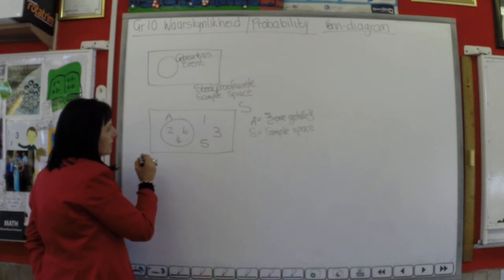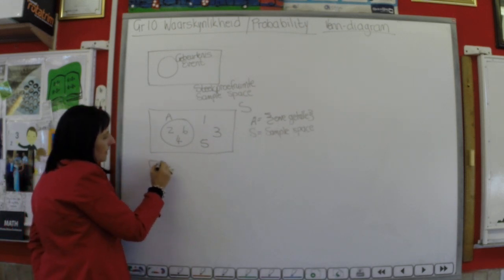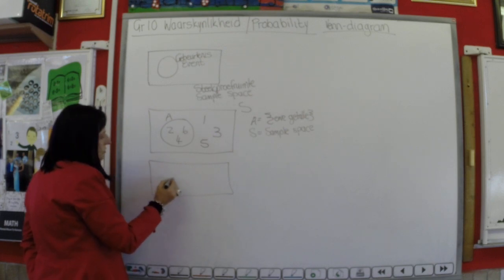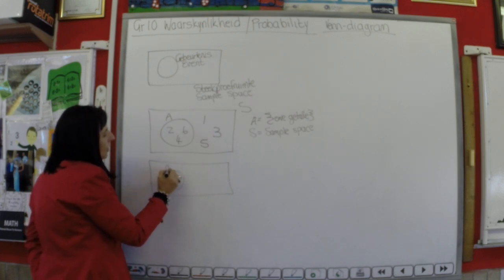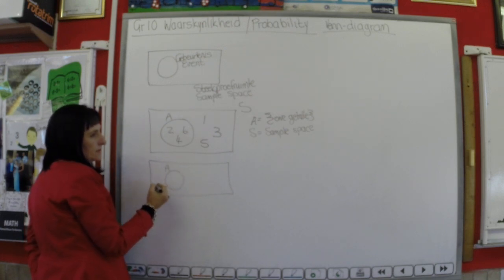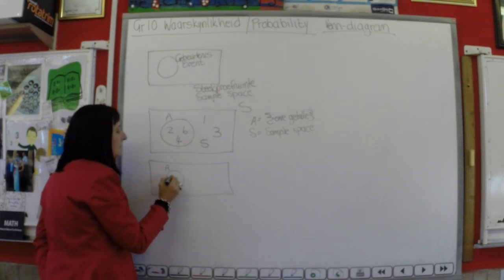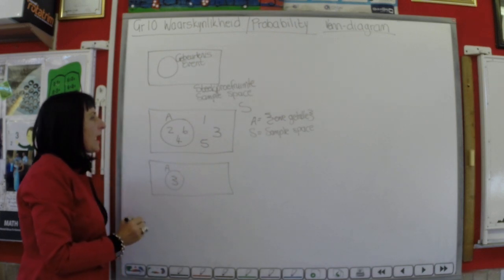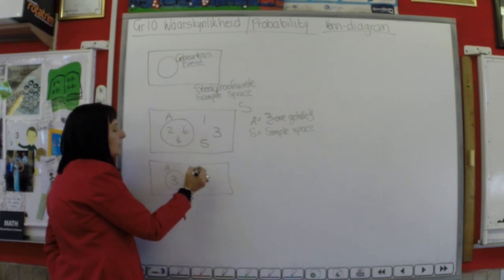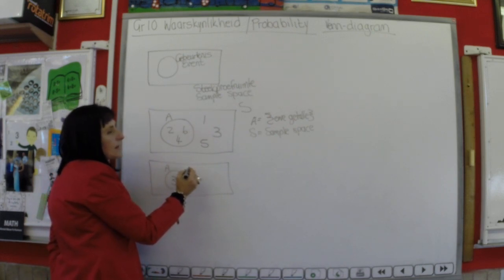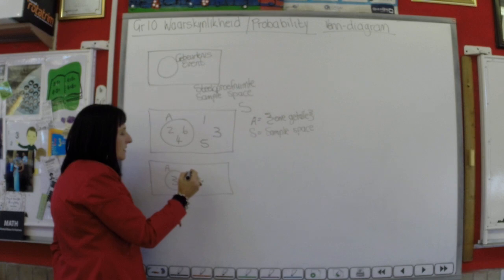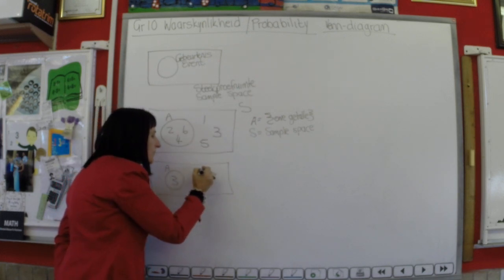So ons gaan kyk, if we do the outcomes, so hoeveel uitkomste kan daar in A wees, as dit al die ewe getalle is? 3 of them. And how many outcomes will there be that's not even? There are going to be 3 of them.